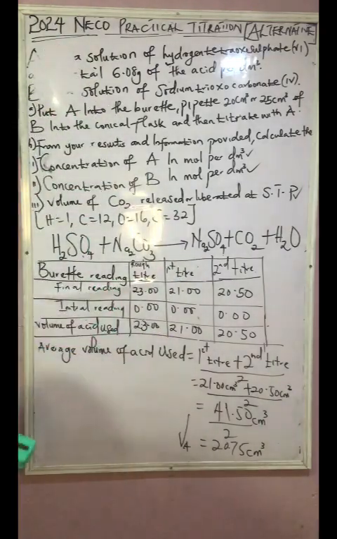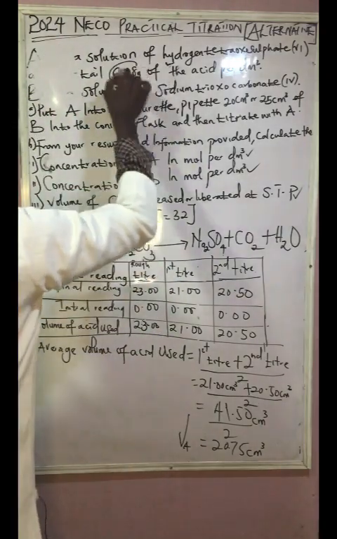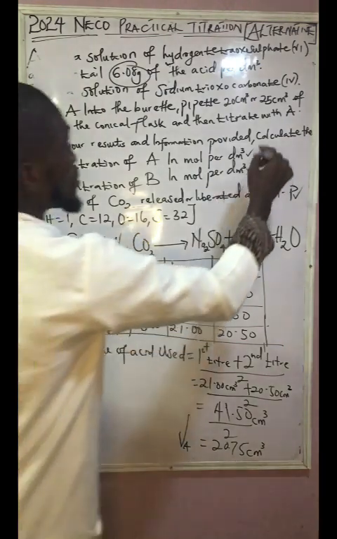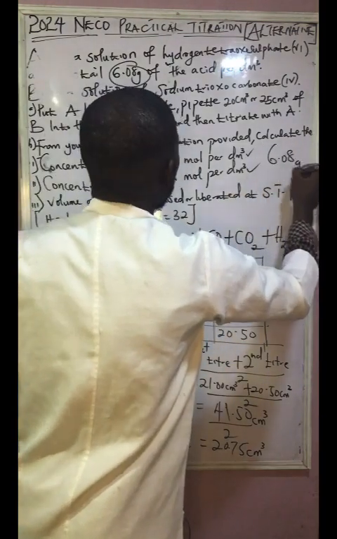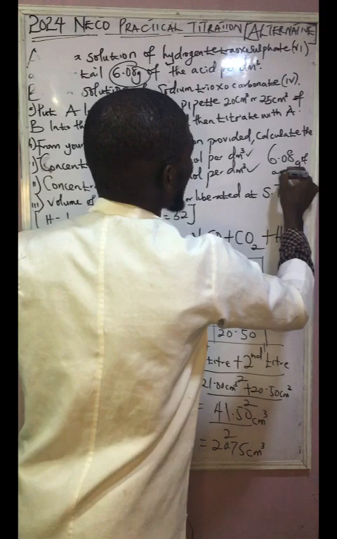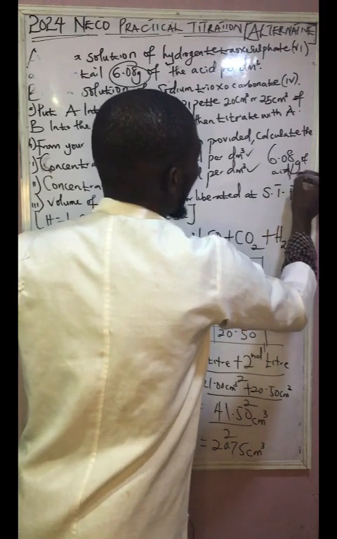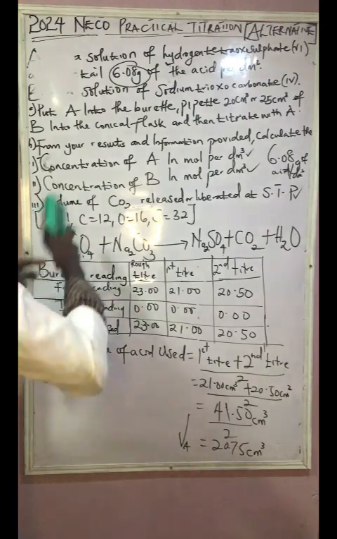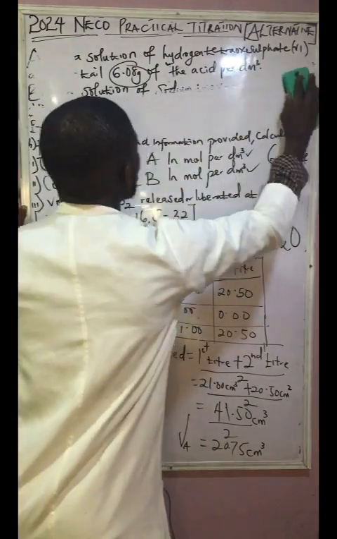So this will be needed. We have 6.08 gram of acid per dm cube.